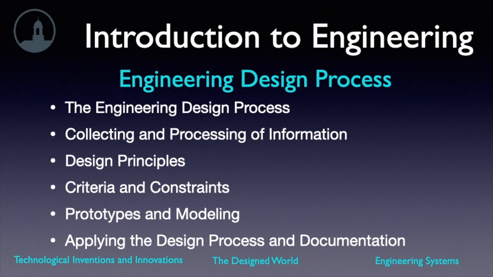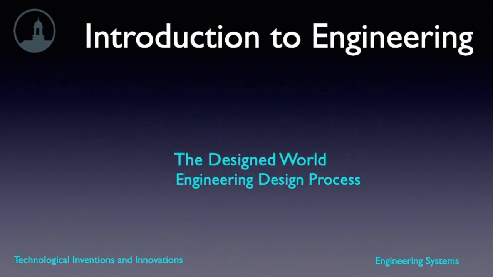The engineering design process is really one of the big things that we discuss this year. We talk about collecting and finding information and how we use that information, principles of good design, understanding criteria and constraints, limitations within our design, creating prototypes and modeling, which we do a lot of physically, and then applying this design process and creating documentation so that others can share in our work.